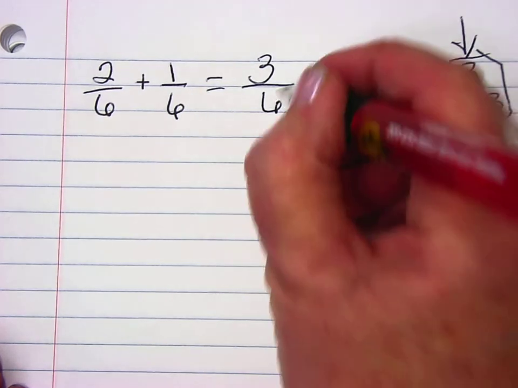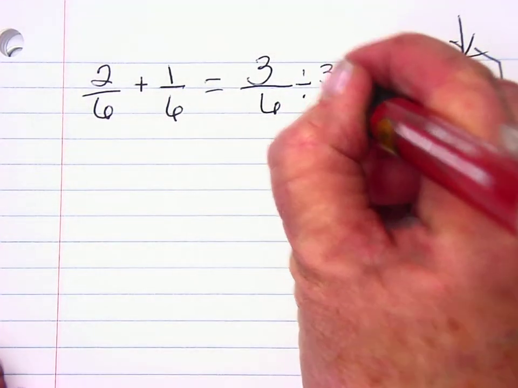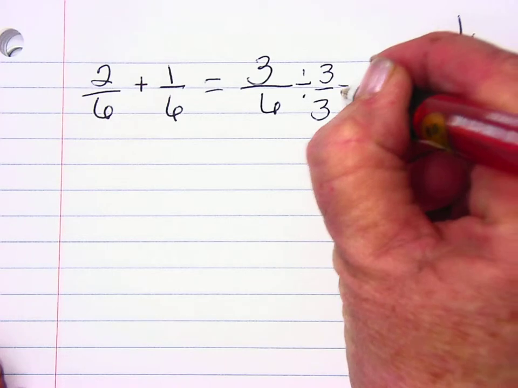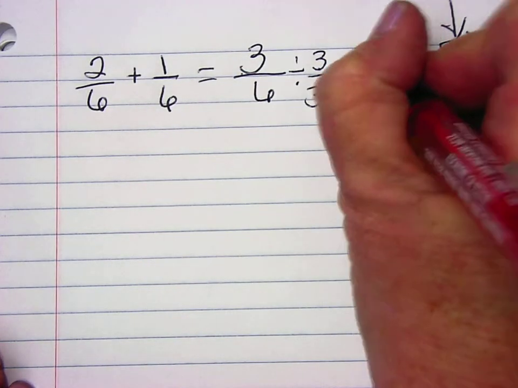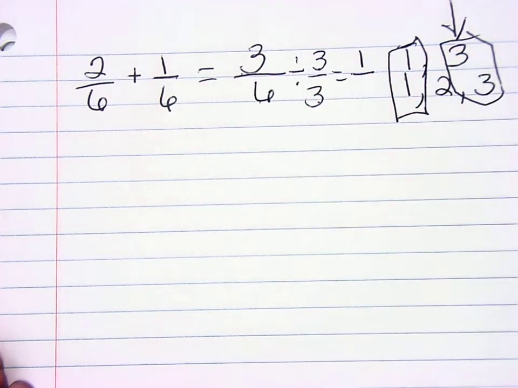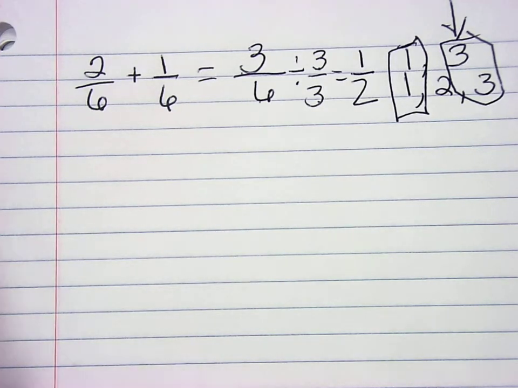So I'm going to divide top and bottom by 3. 3 divided by 3 is 1. 6 divided by 3 is 2. 1/2. Good?